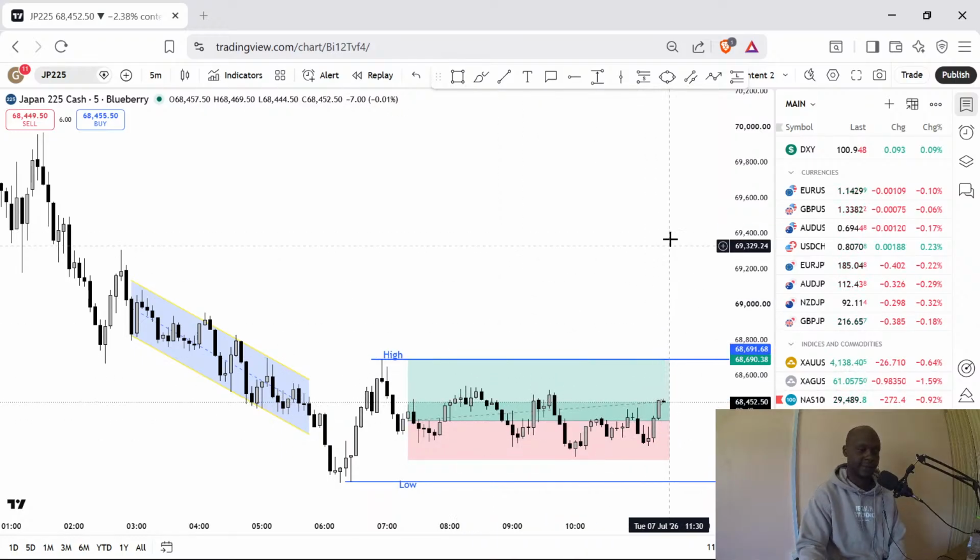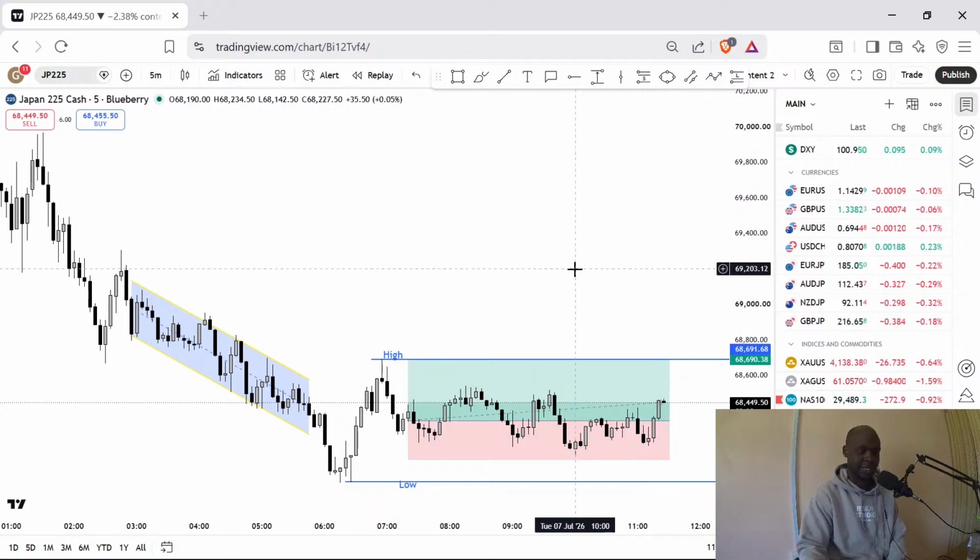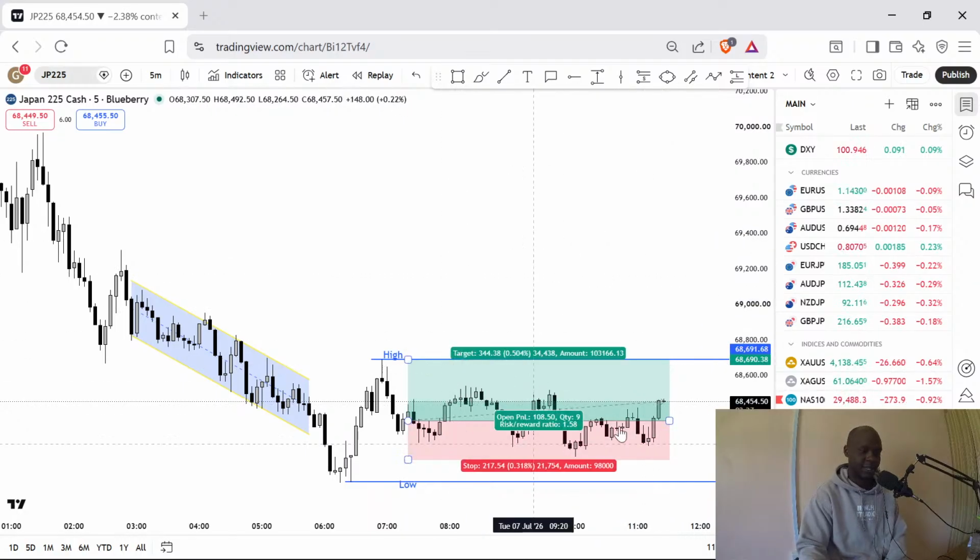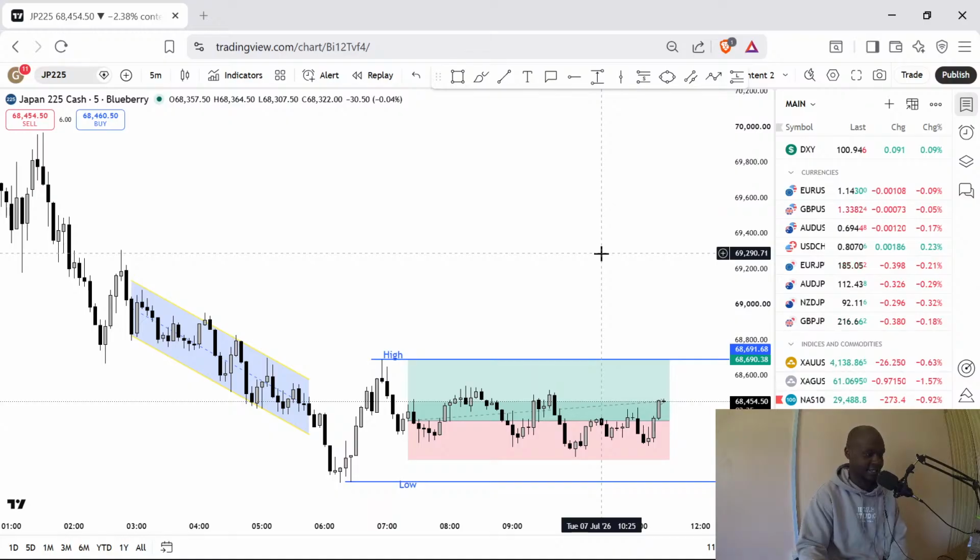We need to get continuation of momentum. We've been hovering around this entry for long enough right now.